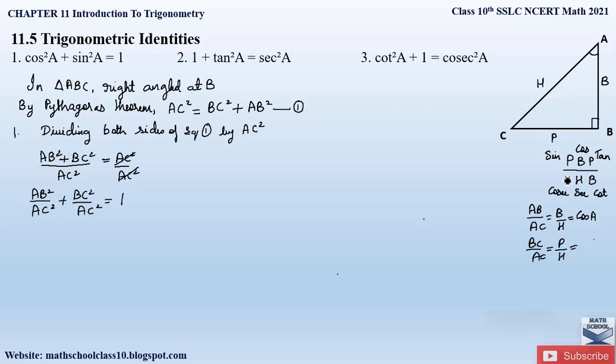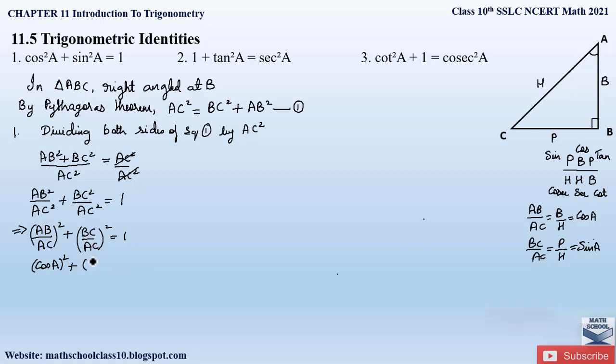So the perpendicular by hypotenuse value will be sine, so it is sine A here. So this equation can also be rewritten as AB by AC the whole square plus BC by AC the whole square is equal to 1, right? So what is the value of AB by AC? It is cos A the whole square plus BC by AC is sine A.